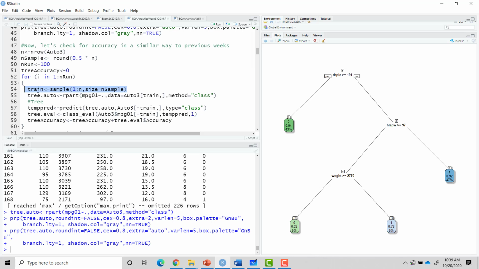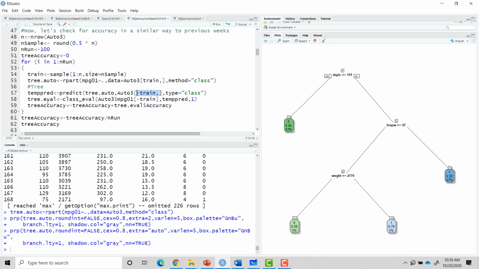We're going to run this on the training set, just on auto 3 for the training set. Then we're going to predict on the test set, so rows that are minus train. And then we're going to run my little class evaluation function, and we're going to get the accuracy from that. And then we're running it 100 times, so we're going to estimate the accuracy over the number of runs.